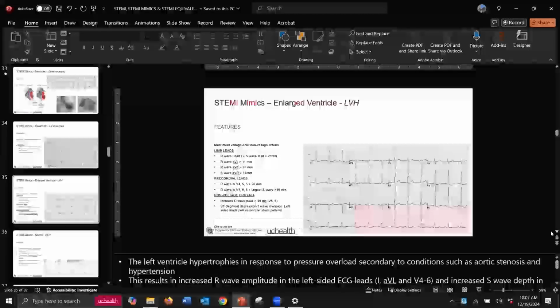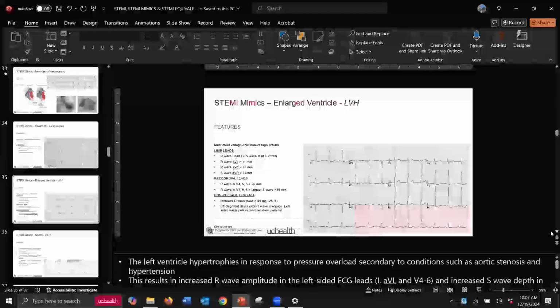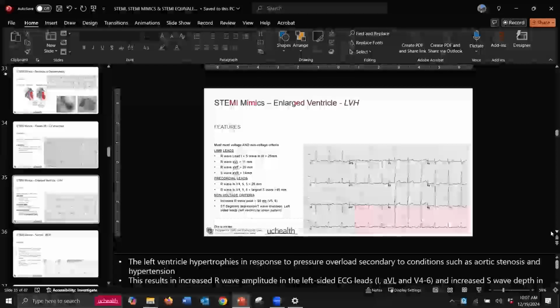LVH, left ventricular hypertrophy. How do we look at an EKG and say they meet electrical voltage criteria for left ventricular hypertrophy? Count what? It's QRS amplitude, right?